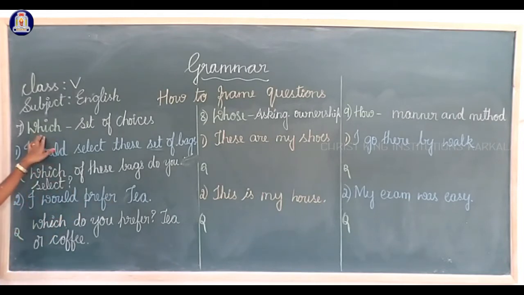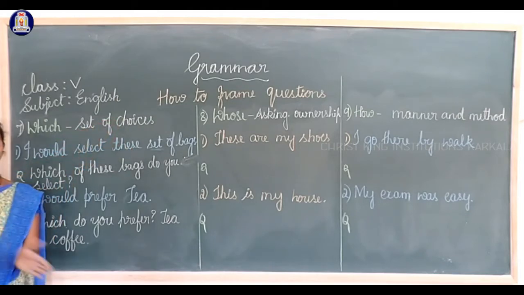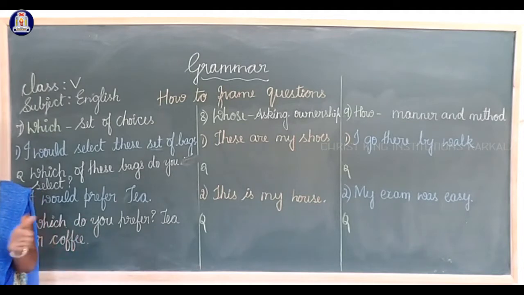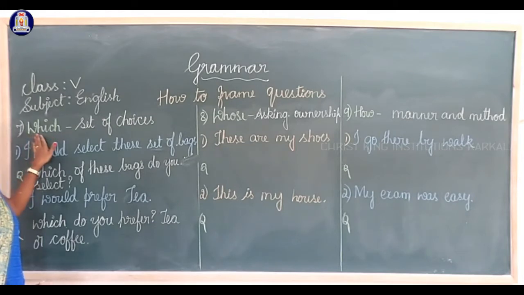So this is how to use which in framing a question. Which is nothing but a set of choices. When there is a set of choices and you have to select any one, you use the WH question which.